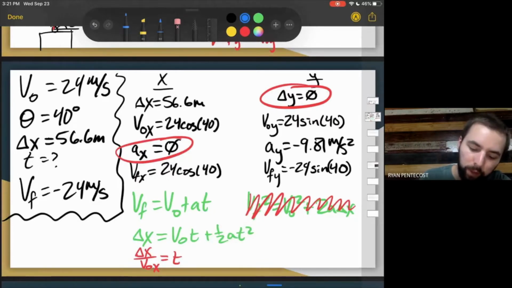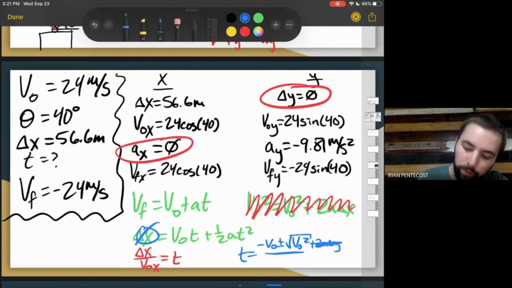So that means that this would be 0. We have V naught. So this would basically turn into a quadratic, which we could do, right? That would give you t is negative V naught plus or minus square root V naught squared plus 2a delta y, but that goes to 0, all over a, right?